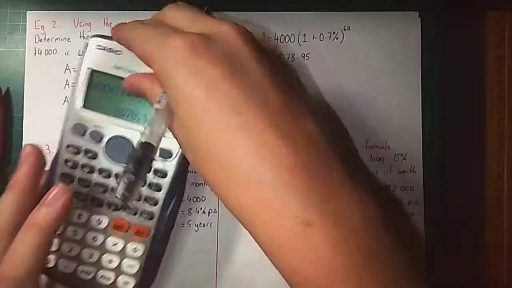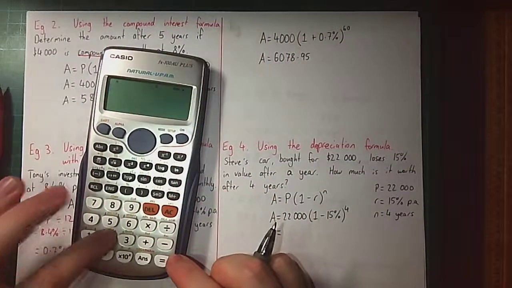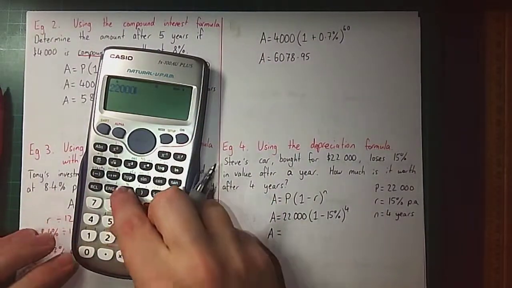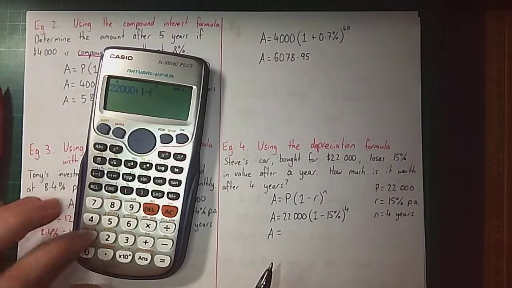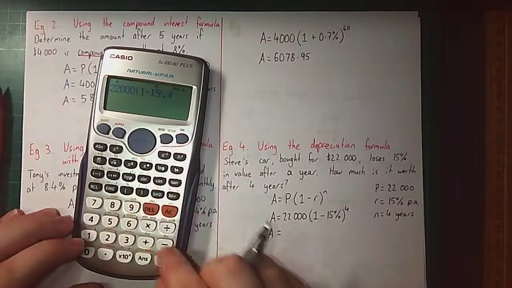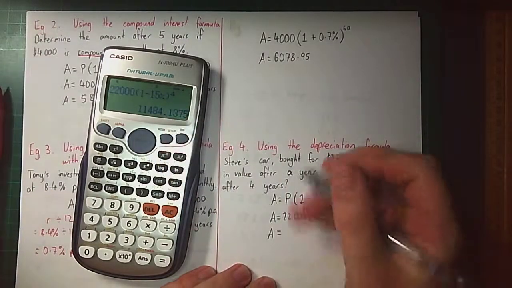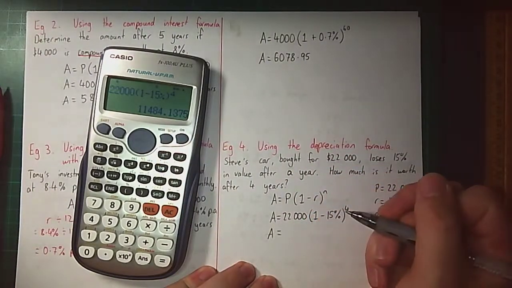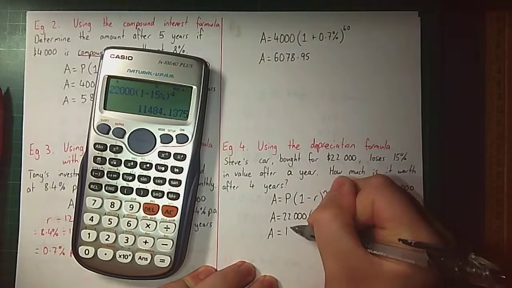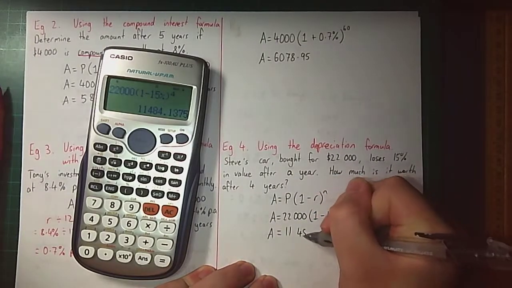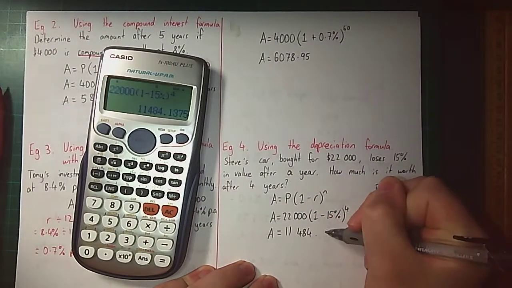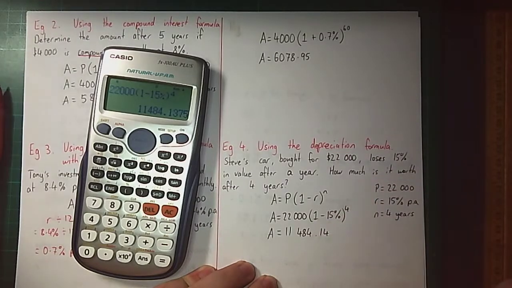We'll pop it into our calculator. 22,000 inside of 1 minus 15%, all to the power of 4. And there we go. So it started off being $22,000, and now it's worth $11,484.14. So there we go.